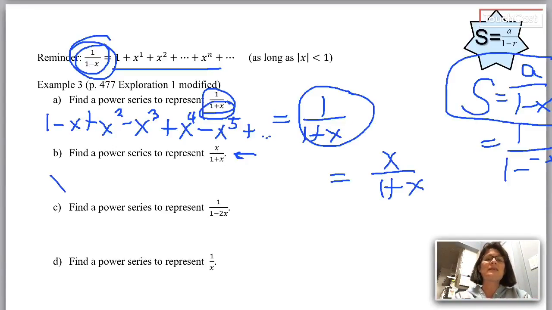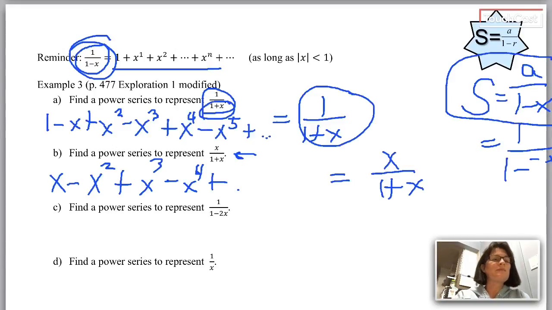It's going to be 1 times x is x, minus x times x makes x squared, plus x squared times x is x cubed, minus x to the fourth, plus dot, dot, dot.